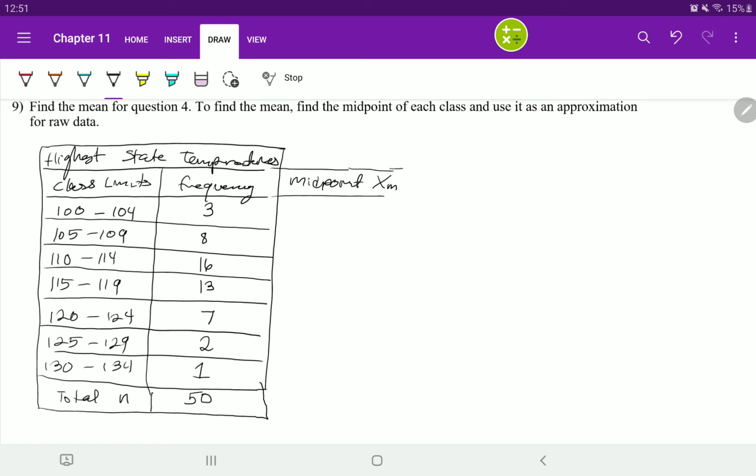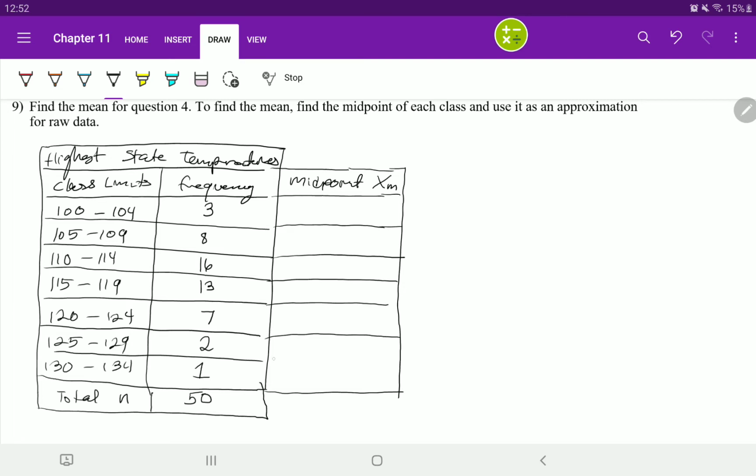The reason why we want to find the midpoints for each class is because in a grouped frequency distribution, we know we have 3 values between 100 and 104, but we don't know the exact values. Well, at least not in this form. All the values could be 100, they could be 104s, they could be a mixture of numbers between 100 and 104. So we have to approximate, and we approximate by finding the midpoint of the class.